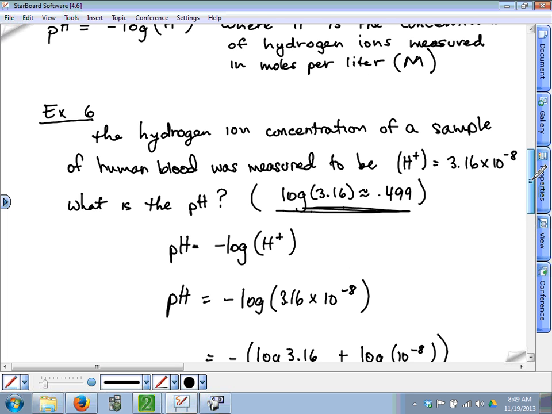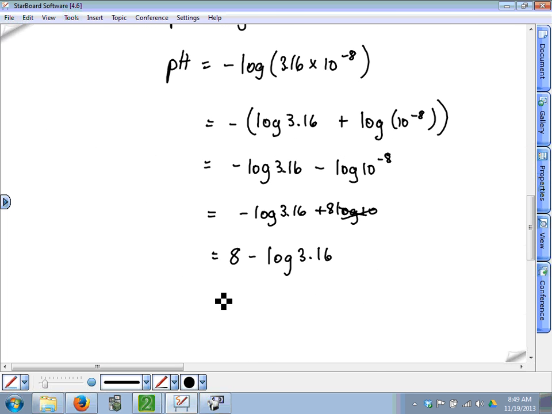But if log of 3.16 is equal to about 0.499, this turns into 8 minus 0.499. So 8 minus 0.499 is approximately equal to 7.501, and that's the pH.